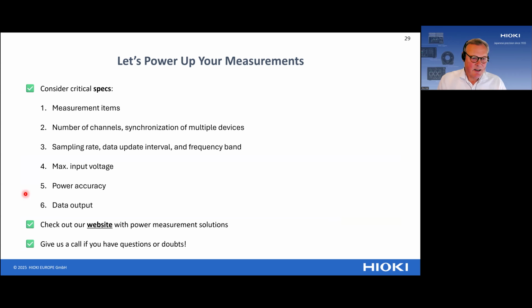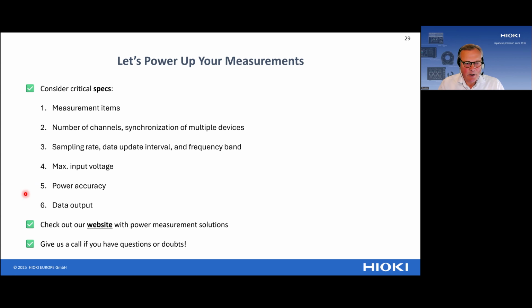And you can see that we have addressed the following items, measurement items. So we have seen that there can be a wide variety of measurement items, power, harmonics, temperature, and we have also looked at the number of channels, and there is also a lot of flexibility in that field. Ryuji has given a very clear explanation about sampling rate, data interval, and frequency bandwidth.